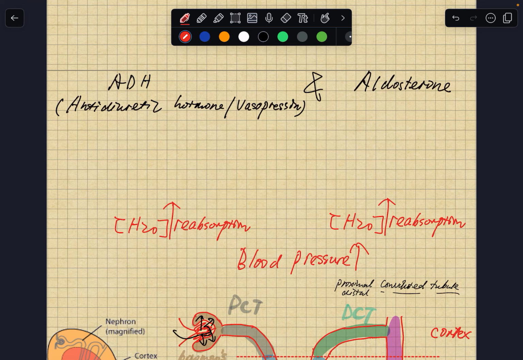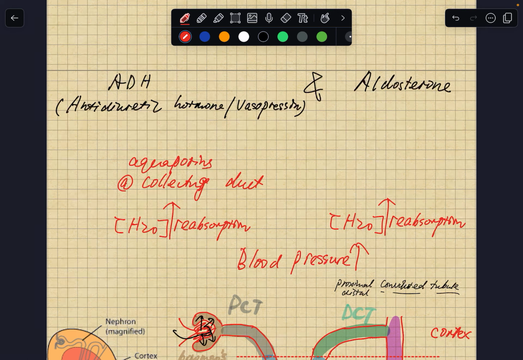So let's talk about ADH first. ADH basically increases water reabsorption at the collecting duct. Okay, and then water gets reabsorbed through what? Aquaporins.